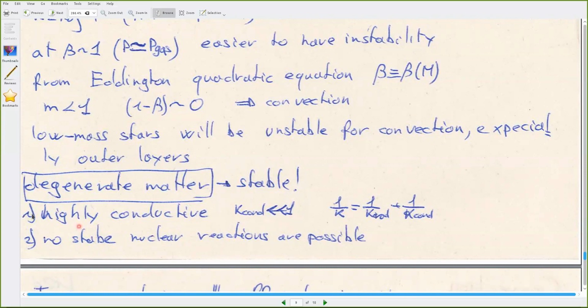To have highly conductive matter, you need the mean free path to be as large as possible, so a really small opacity means a larger mean free path.